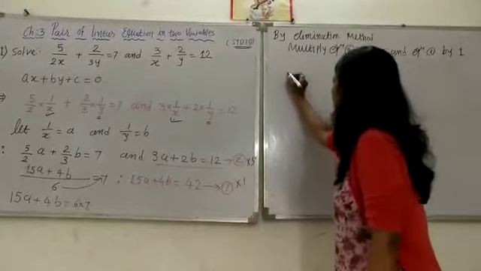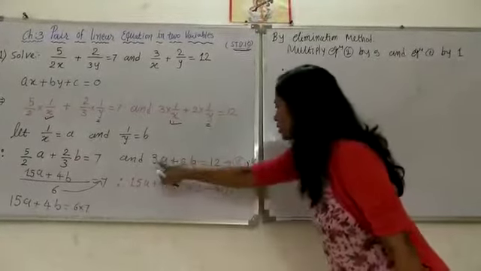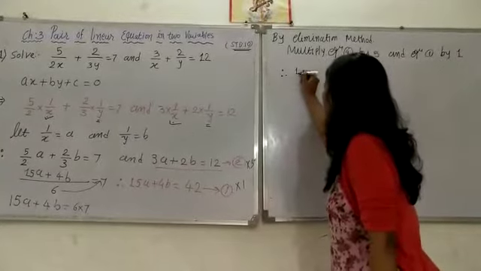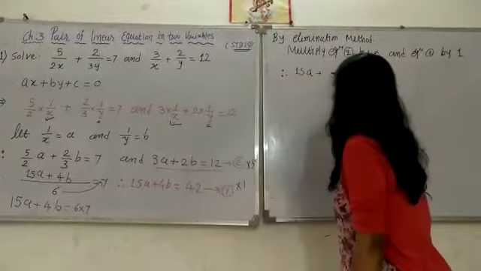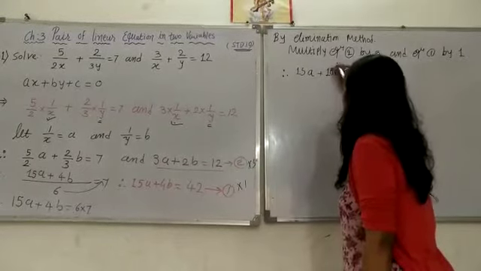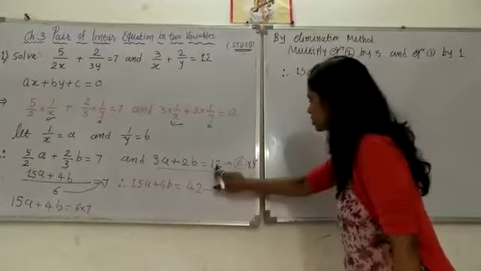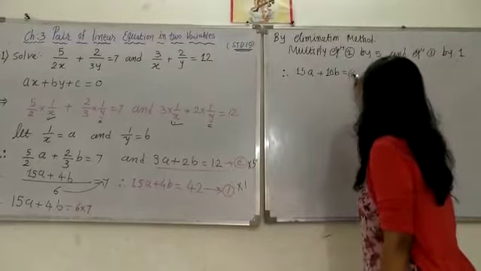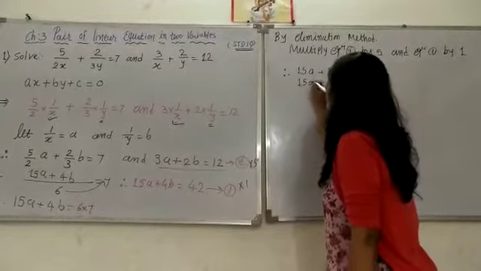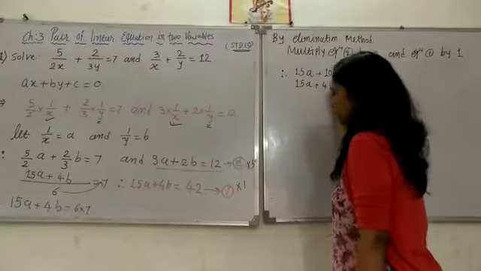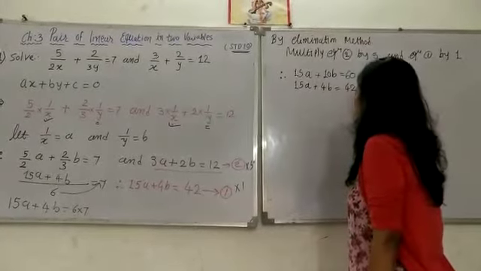So you get a new equation: 5 3s are 15, so 15a plus 5 2s are 10, so 10b is equal to 12 5s are 60. This equation multiplied by 1: 15a plus 4b is equal to 42.